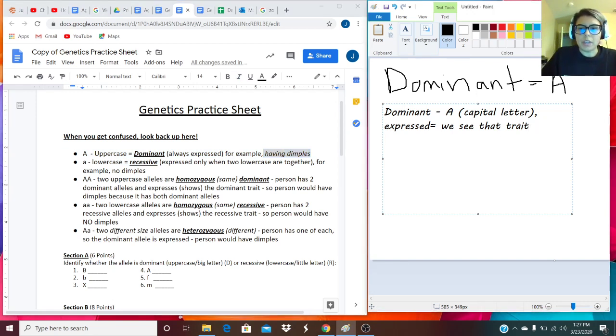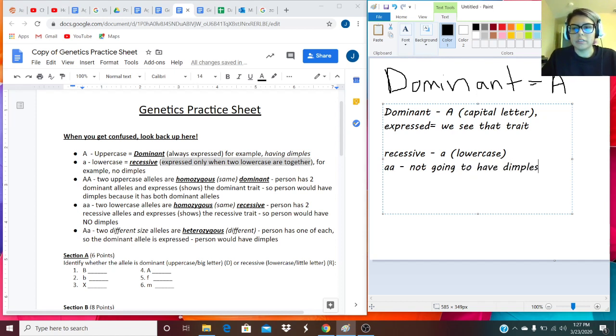If we have recessive, that means it's going to be a little a, or lowercase. Where it says expressed, that is only when two lowercases are together. So if we had little a, little a, that person is not going to have dimples. Think of recessive as the opposite of dominant. Expressed means we see that trait.